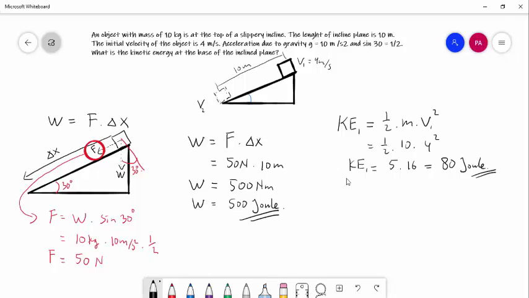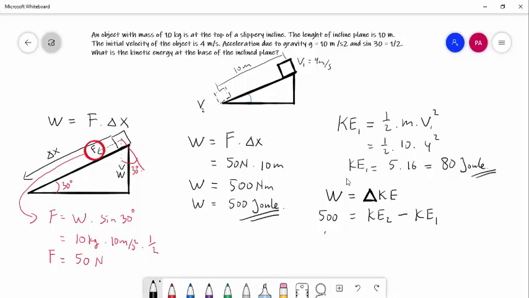And then if we want to know the kinetic energy at the base of the inclined plane, we can use this formula. Delta kinetic energy. Delta means after minus before. So kinetic energy in position 2 minus kinetic energy in position 1. And the work is 500.